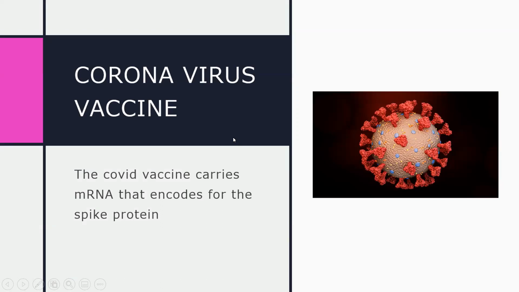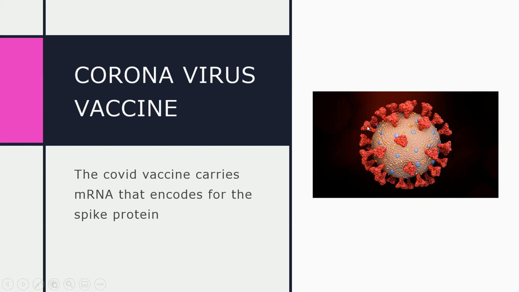Now, to put this in perspective with our current world, the coronavirus vaccine for COVID-19 is an mRNA vaccine, and that mRNA actually encodes for the spike protein of the coronavirus.